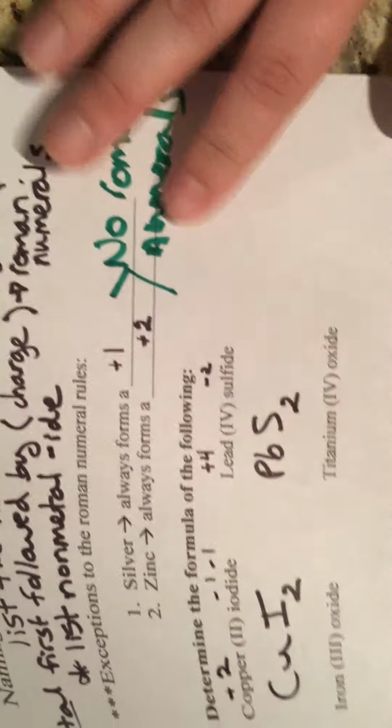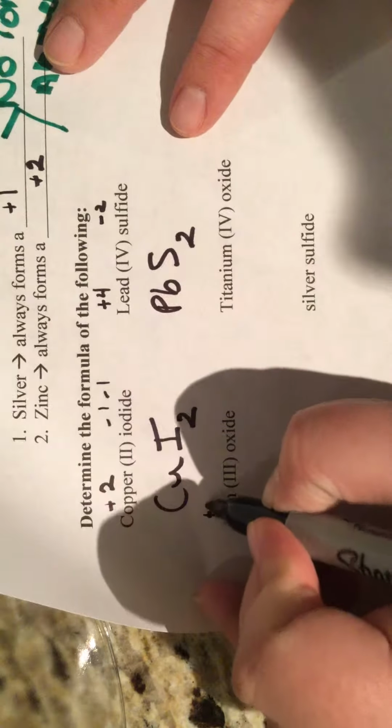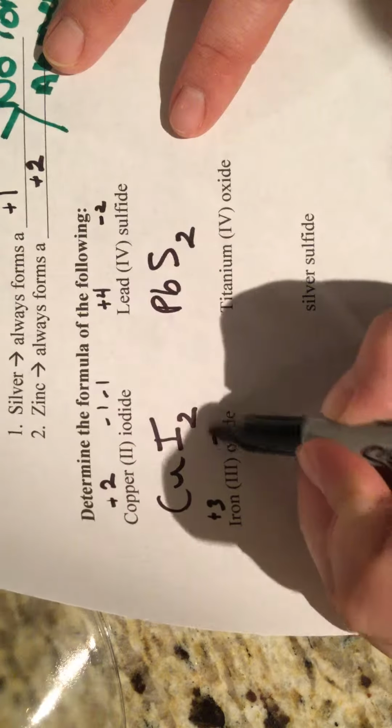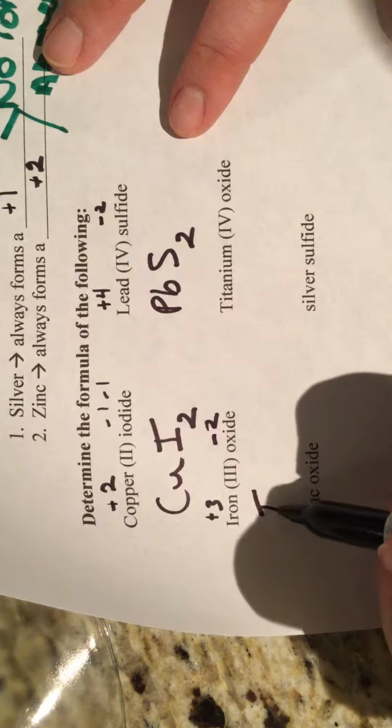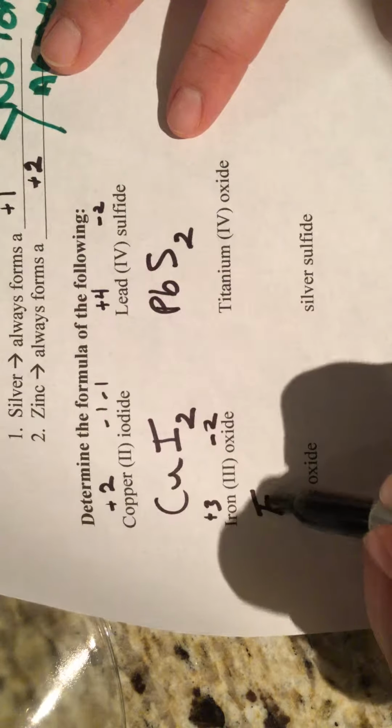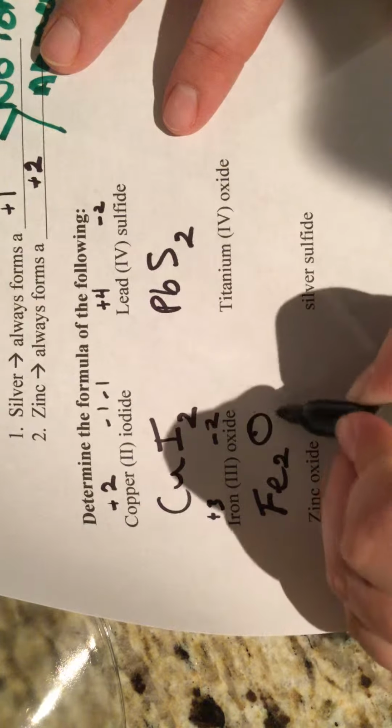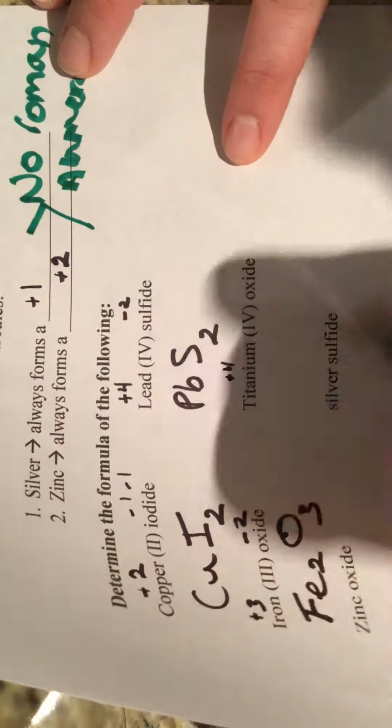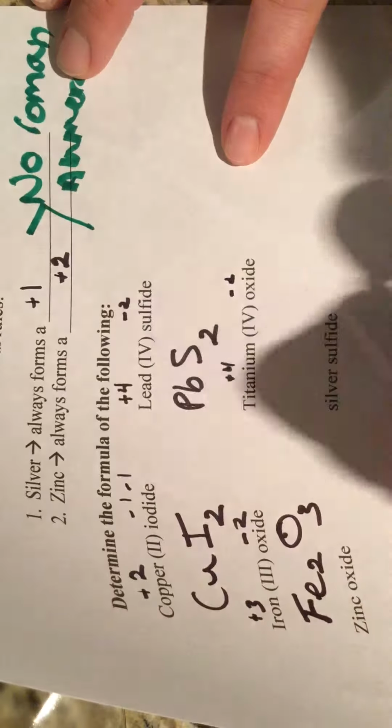Iron(III) oxide: iron +3, oxygen -2. Fe2O3. Titanium +4, oxygen -2.